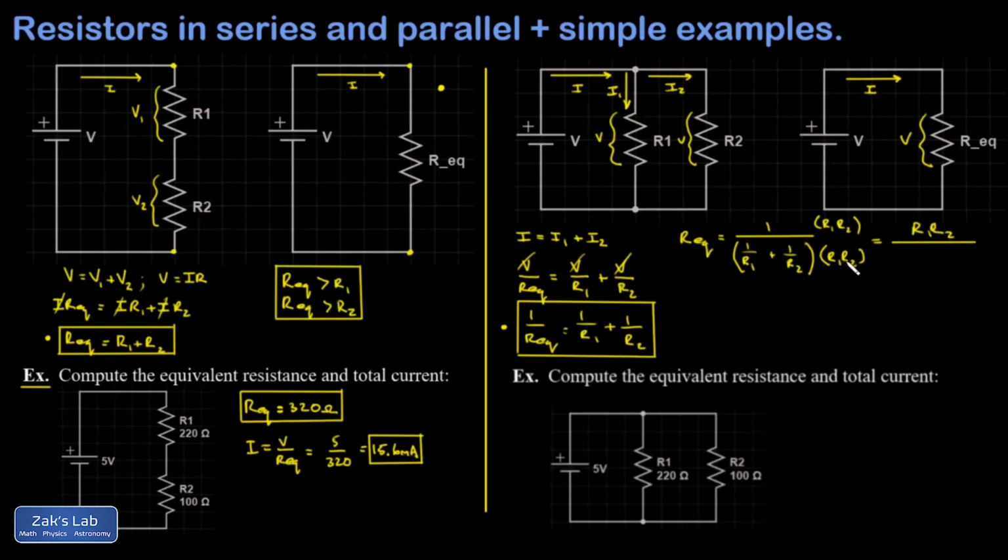And when I distribute R1 R2 to 1 over R1, the R1's cancel and I just get R2. When I distribute it to the second term, the R2's cancel, and I get R1. So this is a popular reworking of the parallel equivalent resistance formula. I'm going to put it in order and call it R1 plus R2.